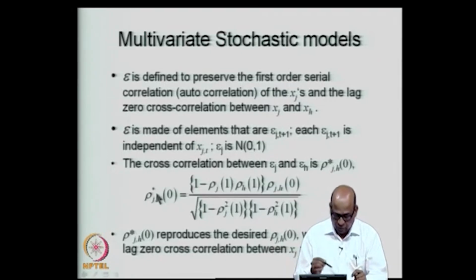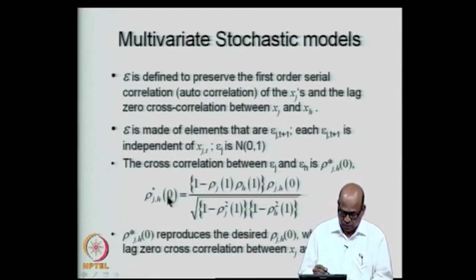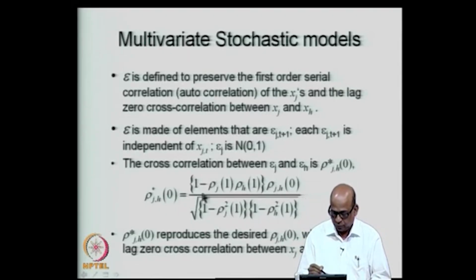We define this rho j h star at 0 by this expression. There are derivations etcetera available. We will simply directly go to the application, so that we will be able to use these models in our applications. I will not go into the derivations of how we arrive at this.